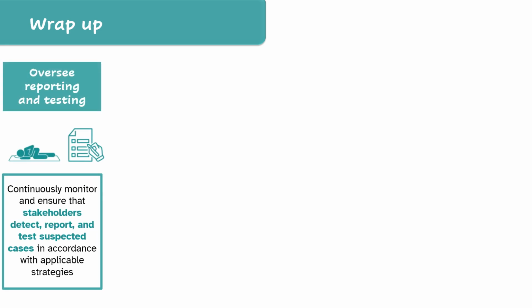As we wrap up this module, here are the important points to remember. The core functions of health authorities in cholera surveillance are to continuously monitor and ensure that all reporting sites and laboratories detect, report, and test suspected cases in accordance with applicable strategies.